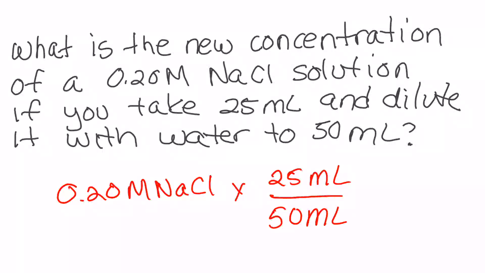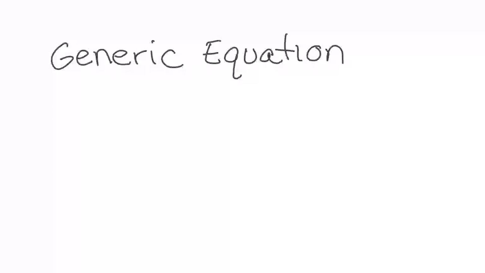So it's 1/2 the original concentration, and I have 0.10 molar at the end. So there you have the mathematics behind a very simple problem. I have a concentration. It is now half as concentrated because I took 25 and diluted it to 50, what it was before, and so I have 0.10 molar sodium chloride.